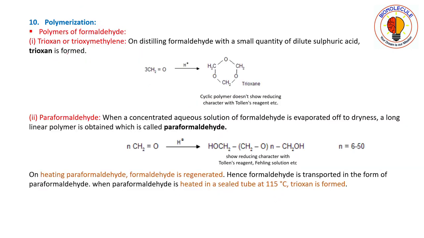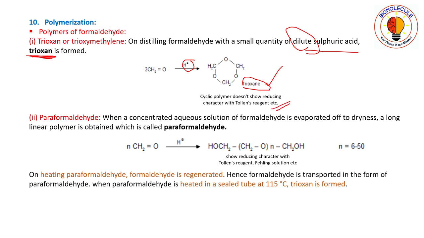Now moving on to polymerization reactions. First, polymers of formaldehyde. On distilling formaldehyde with a small quantity of dilute sulfuric acid, this trioxane is formed. So this is trioxane. This cyclic polymer does not show reducing character with Tollens reagent.